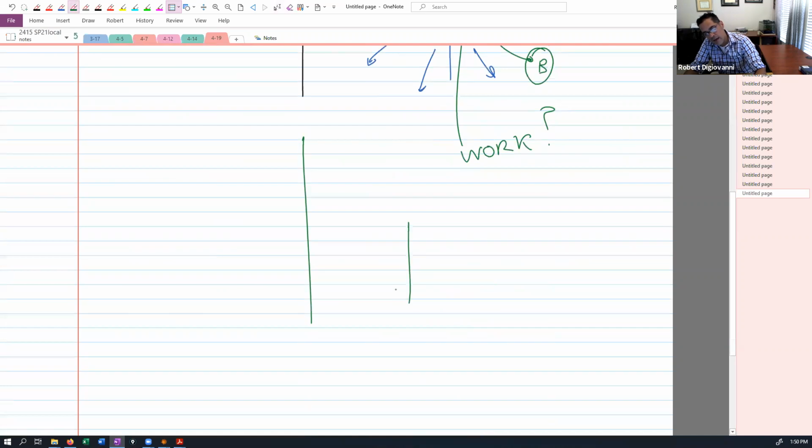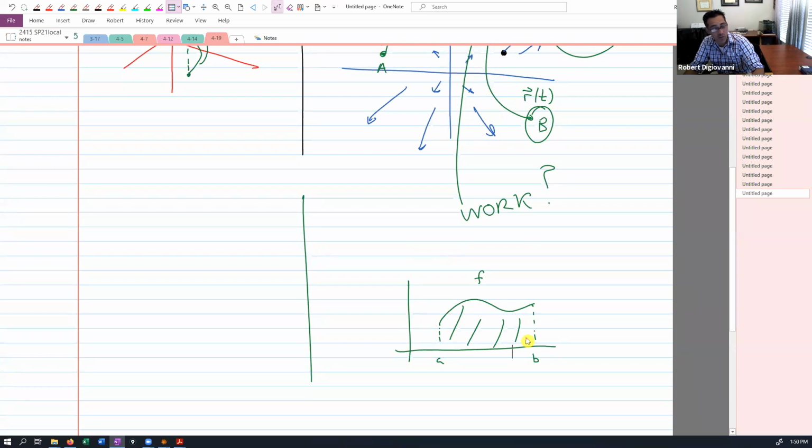Okay, so if you have some function here, f, and you wanted to know the area under here, which we know is an integral, right? It's the integral from a to b of f of x dx, which turns out to be the antiderivative, capital F of b minus capital F of a.